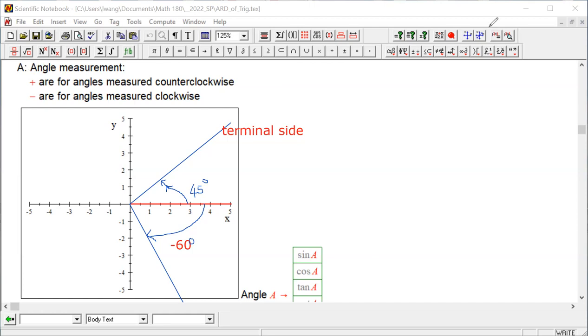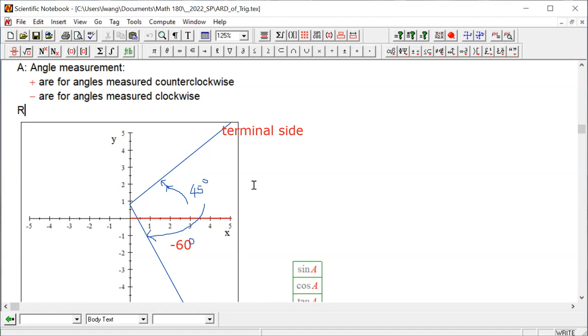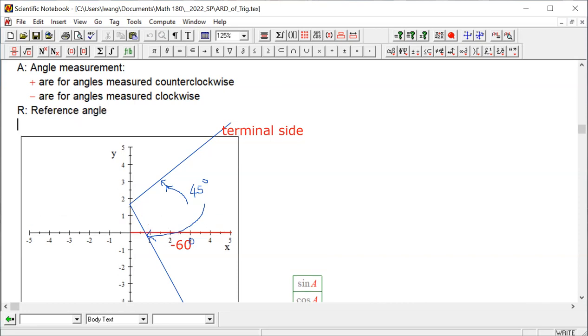What else is important? The next important thing is about reference angle. It's our R. R stands for reference angle. Let me clean this up.